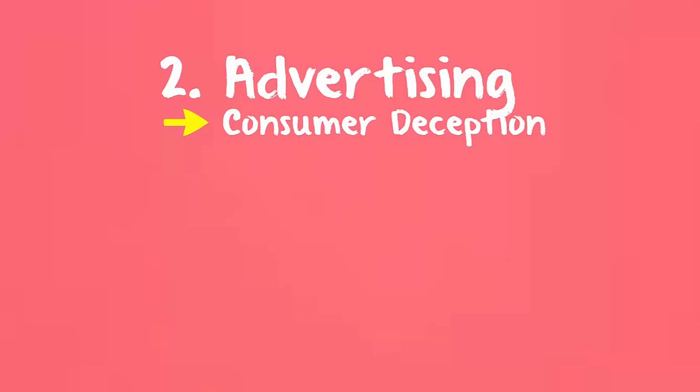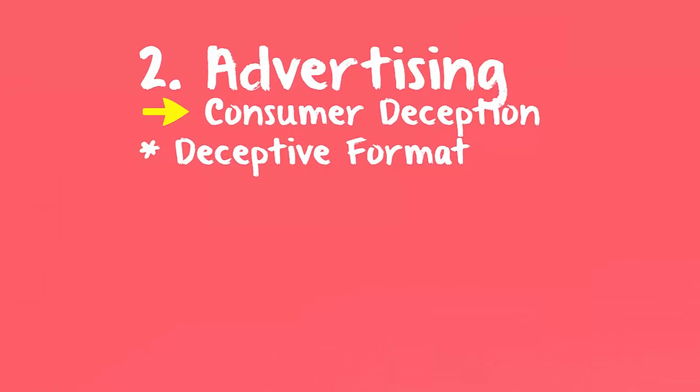And when we think about advertising-related risks, our concern is consumer deception, deceiving consumers in some way, which regulators, primarily the Federal Trade Commission, views as actionable under the Federal Trade Commission Act. So what would be one type of a consumer deception advertising related risk? That would be an advertisement that is deceptive in its format.